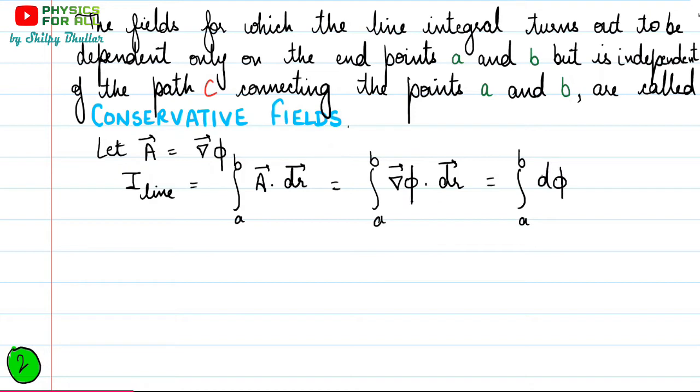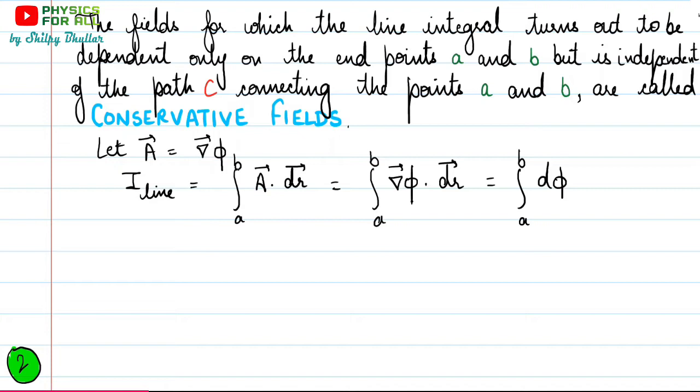Now you can see that this is simply d phi. Phi was a scalar function and d phi denotes a very small change in phi. Of course, it has to be a scalar quantity. Now you see, it simply depends on that scalar function because our vector field A was del of phi. So ultimately, some scalar field is present there and we are taking the gradient of the scalar field. So gradient tells us the rate of increase, it gives us the direction of maximum increase.